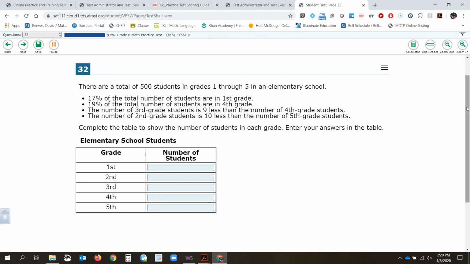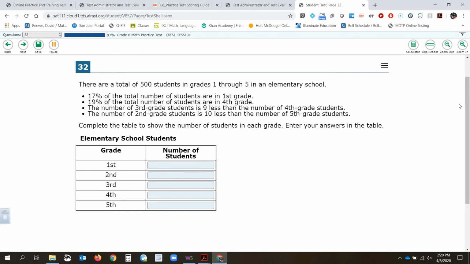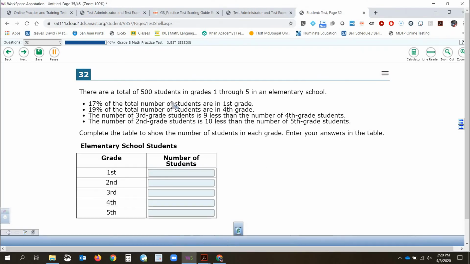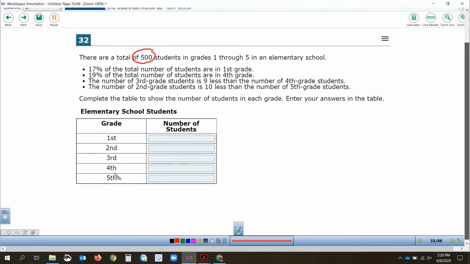All right, so hopefully this reminds you a little bit of that puppy dog problem we did earlier, except instead of having 2 rows and 2 columns, we just have this one column that we have to fill in, but we have first, second, third, fourth, and fifth to work with. All right, so let's take a look at what they gave us. There are a total of 500 students.